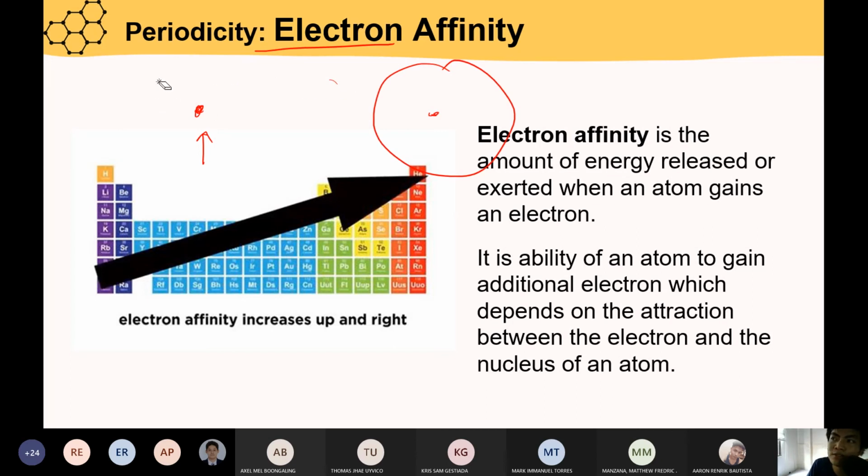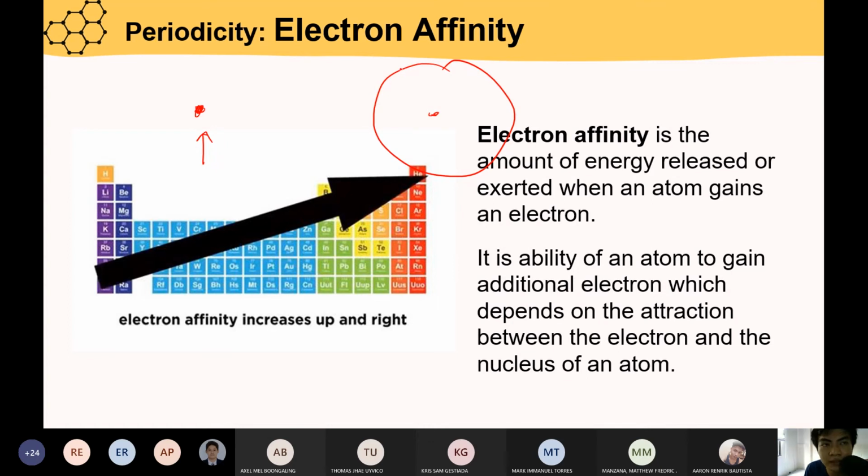Why? You have to consider the distance of electron to the nucleus. Kasi kapag small atom yan, ibig sabihin, the electron is much closer to the nucleus. Therefore, mas attracted sila sa isa't isa. Unlike kapag malayo, masyadong malayo siya sa nucleus, hindi na siya ganun ka-attracted, no? Okay?